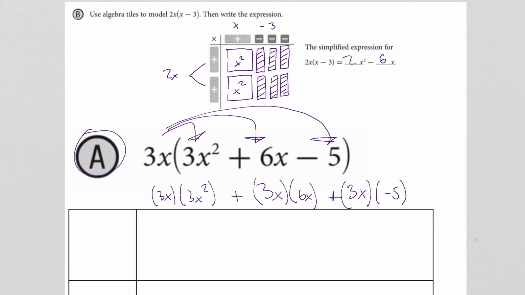So let's see what that looks like on the next page, or at least the next page for me, probably same page for you.